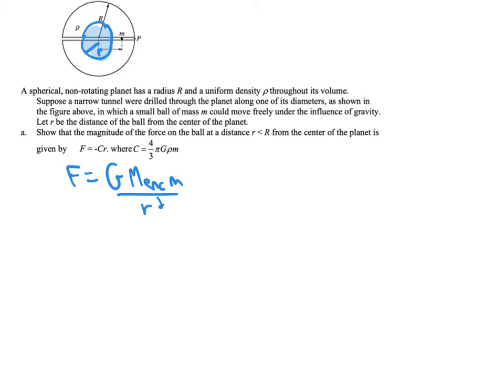We need to find the enclosed mass, but that's not too bad, because the enclosed mass is just the density times the volume that's enclosed. The density is given, and the volume of a sphere of radius little r is 4/3 pi r cubed.